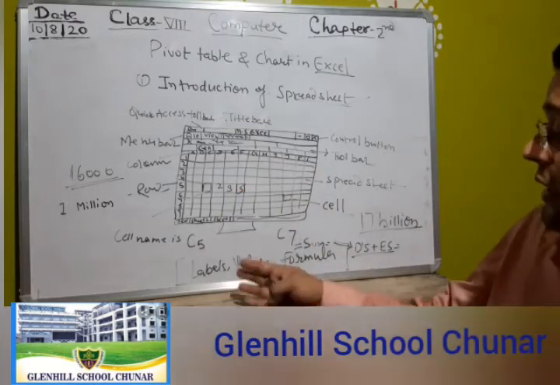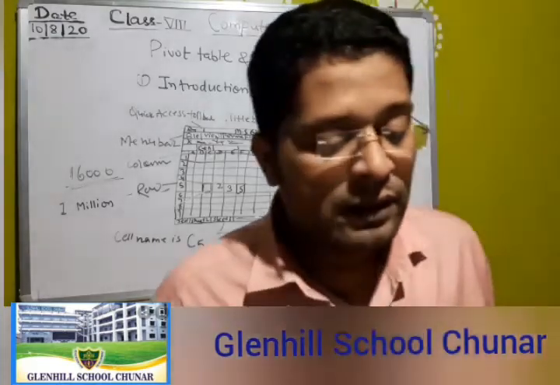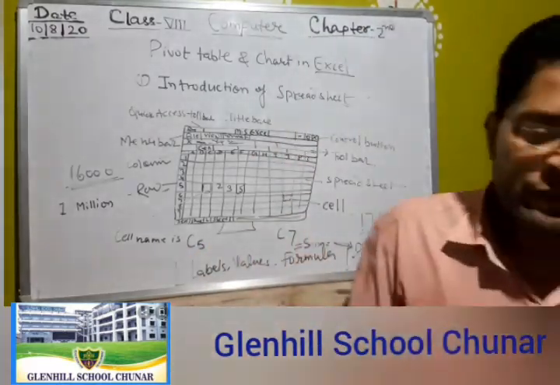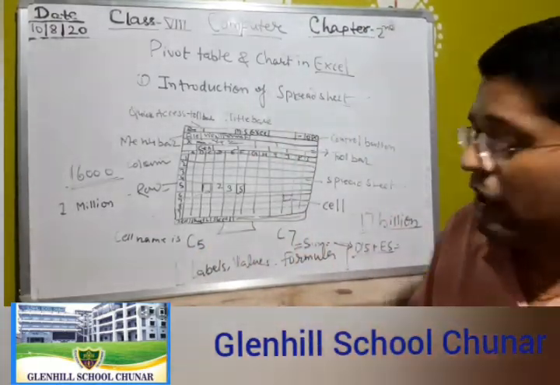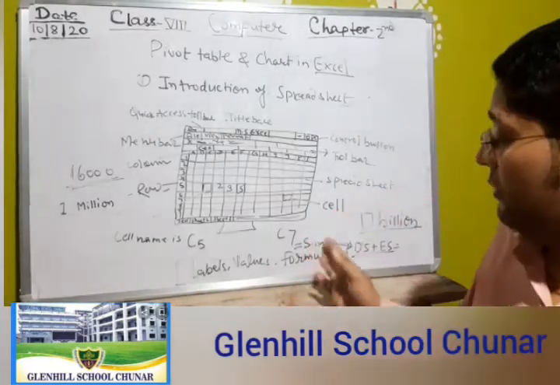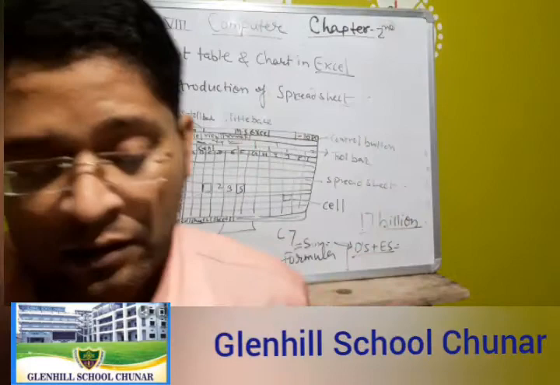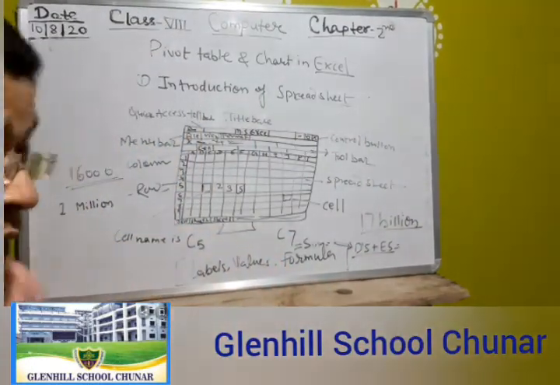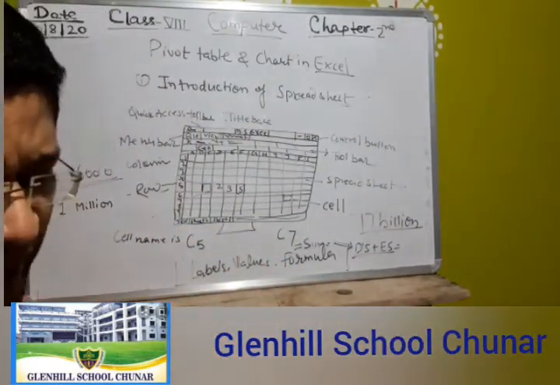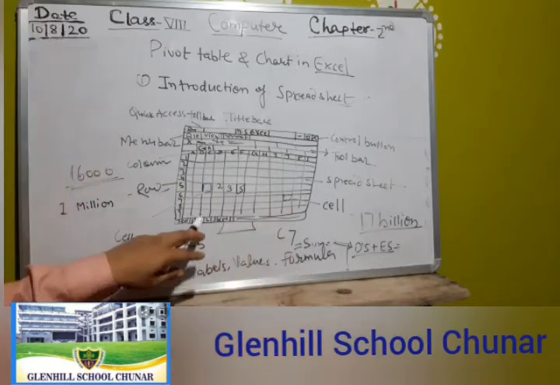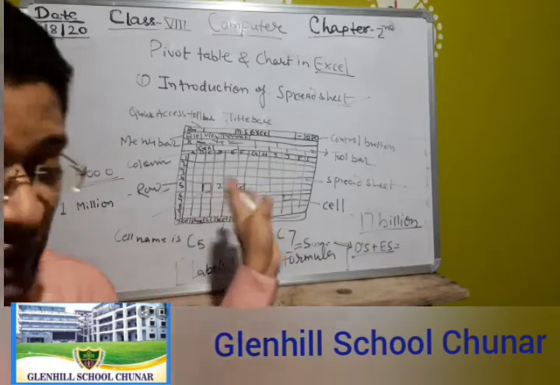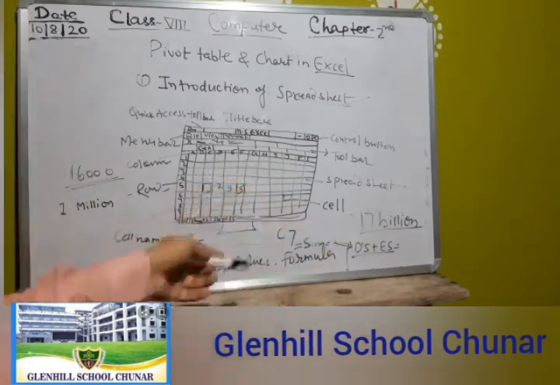So this is label, value, formula. Text entered in a cell is a label, values are numbers, and a formula performs calculation on the data in the worksheet and displays the resulting value in a cell.